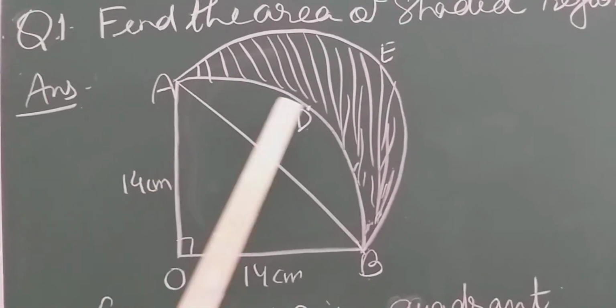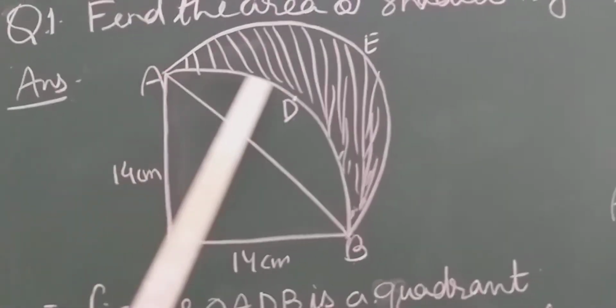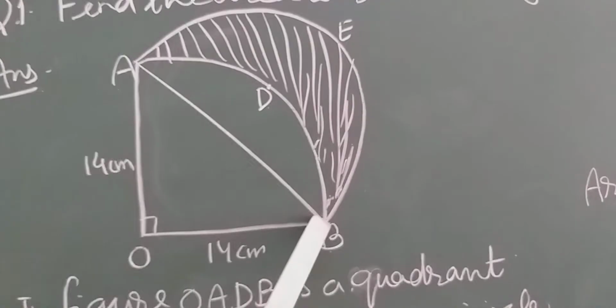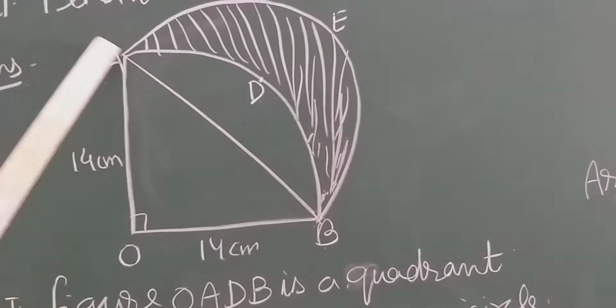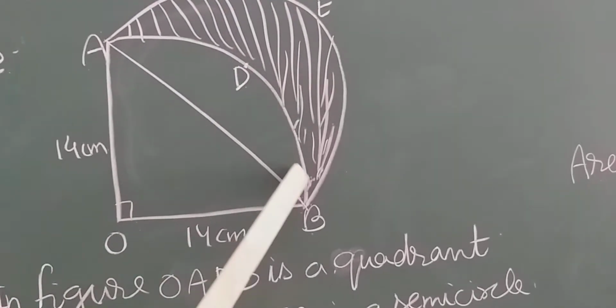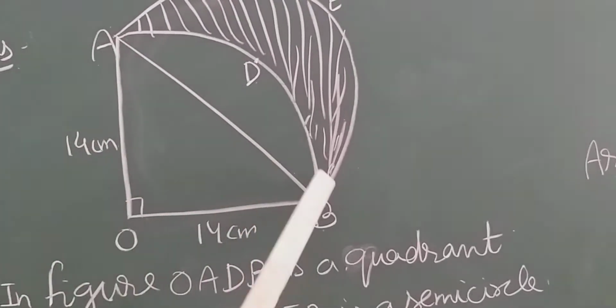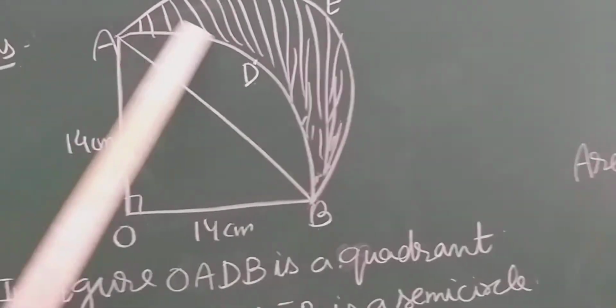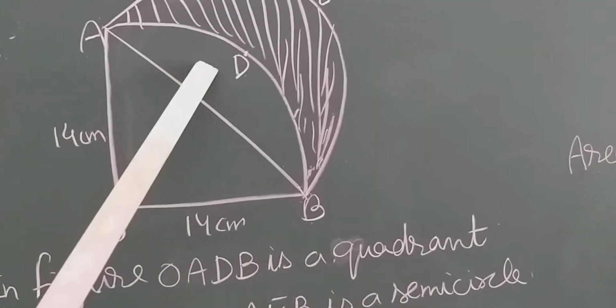Students, ADBA is a segment because AB is a chord joining two points on the circle. So ADB is a segment.